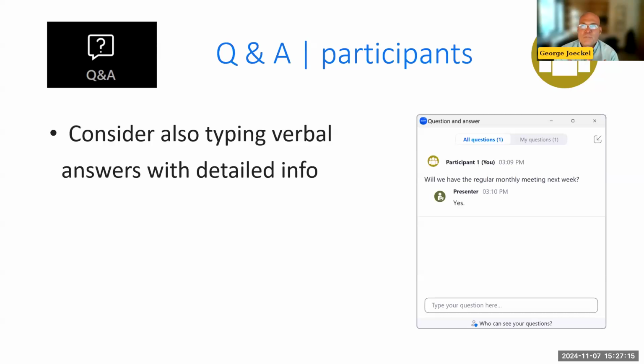But if you are providing answers that have more detailed information, or if that information is really critical, things they need to remember to do, to register by a certain amount of time, just consider either yourself as a presenter, or if you have somebody else that you're working with, typing in those answers, because they'll be displayed and then the participant will have an ongoing opportunity to review them during the meeting.